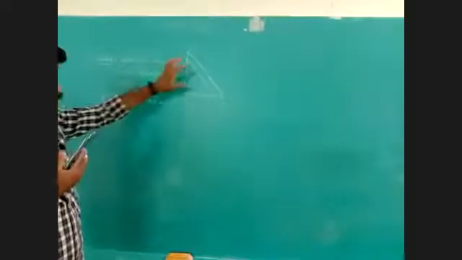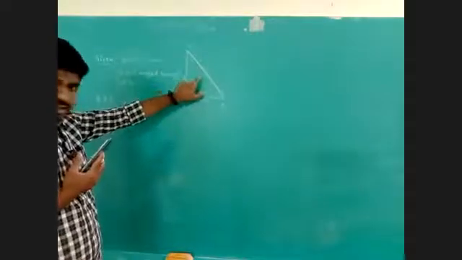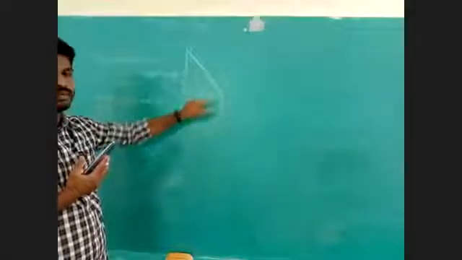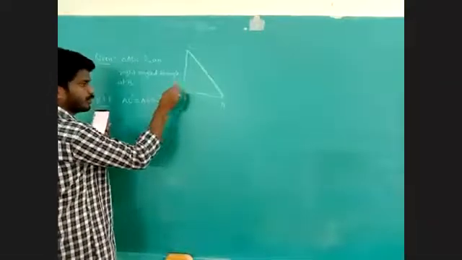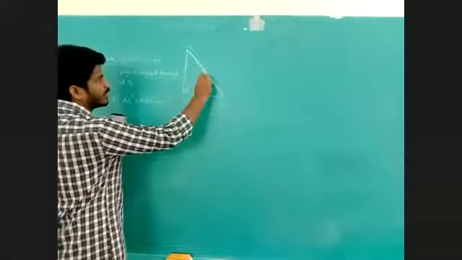Again, triangle ABC is the right angle triangle, given. If it is a right angle triangle, then prove that hypotenuse square equal to base square plus height square. That is RTP. Now here I am doing a small construction. From this vertex B, draw one more perpendicular line, perpendicular to AC.